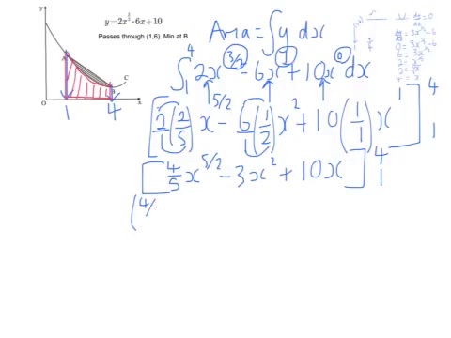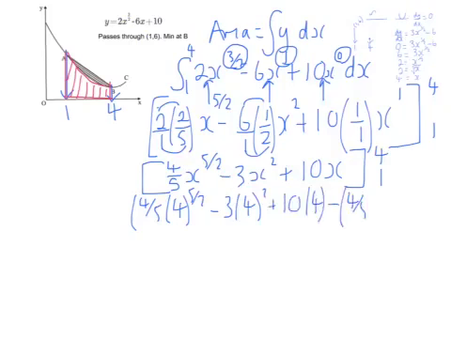So 4/5 times 4 to the 5 over 2 minus 3 lots of 4 squared plus 10 lots of 4, that's the first bracket, minus 4/5 times 1 to the power of 5 over 2 minus 3 times 1 squared plus 10 lots of 1. That's a 1 there with a big massive bracket. Okay, 4 to the power of 5 over 2, I'm going to do that on my calculator.